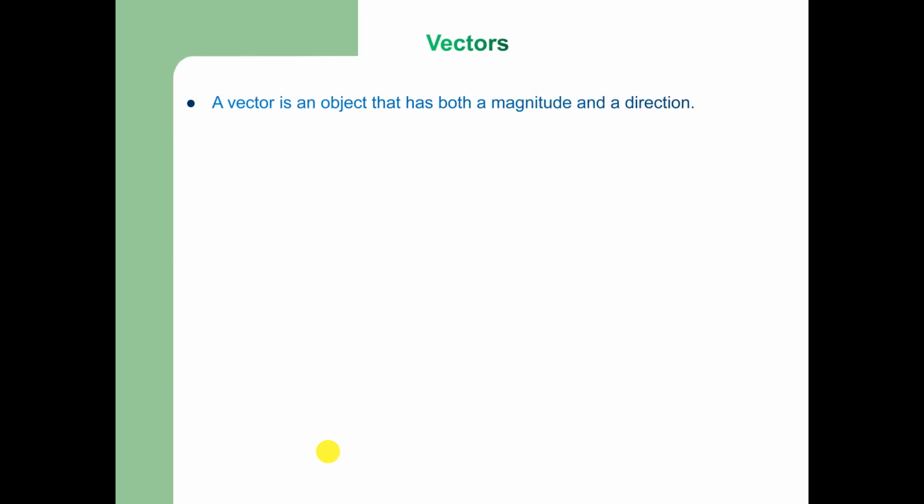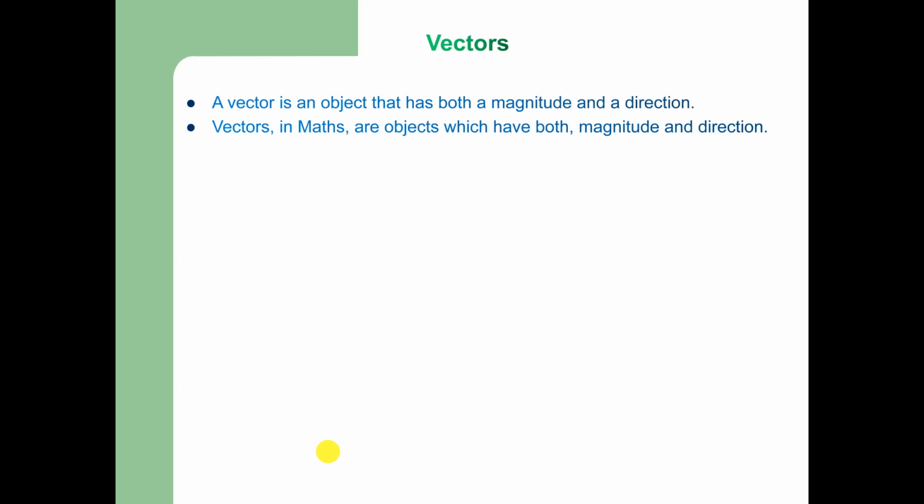After this, we will discuss vectors. So the question is, what is a vector? A vector is an object that has both a magnitude and direction. That is, it has a size and a direction. Vectors are widely used in mathematics, and we also use them in consumer theory.